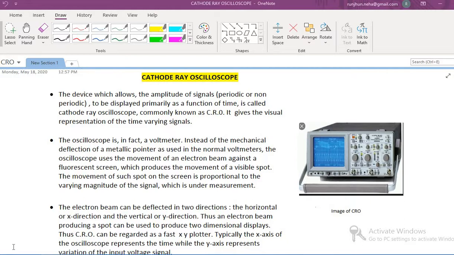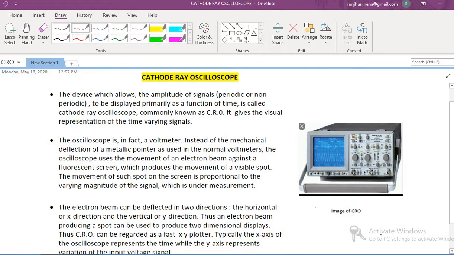These signals may be periodic or aperiodic in nature and need to be displayed as a function of time. The device which allows the amplitude of signals to be displayed as a function of time is called the cathode ray oscilloscope, more commonly known as CRO, which gives a visual representation of the time varying signals.